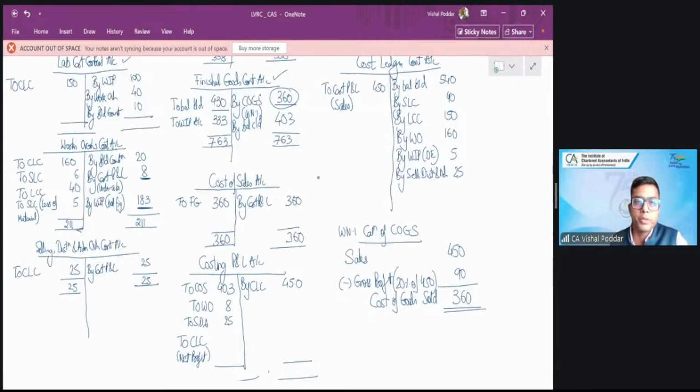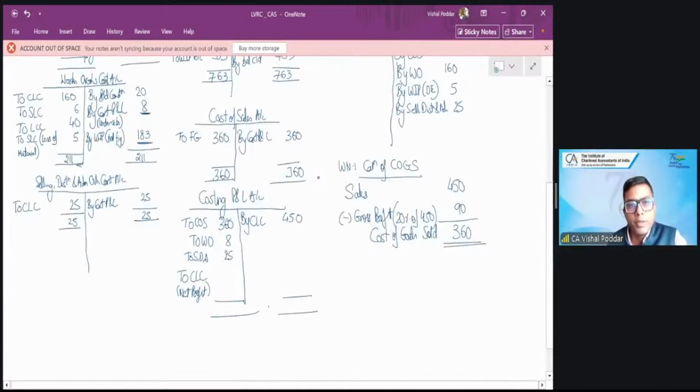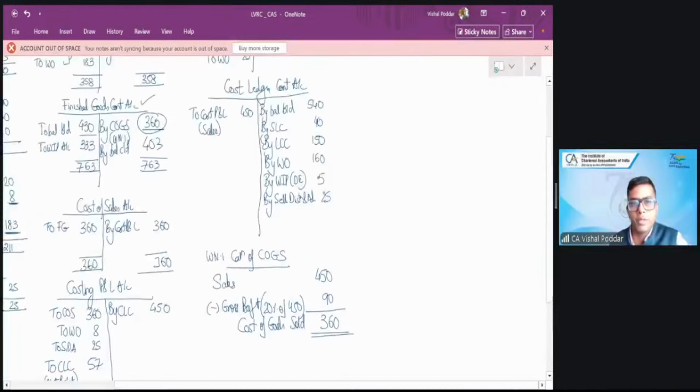At times such mistakes may happen. So 360 and this is 33. So 393. So I get 57 as the profit, which I transfer here.